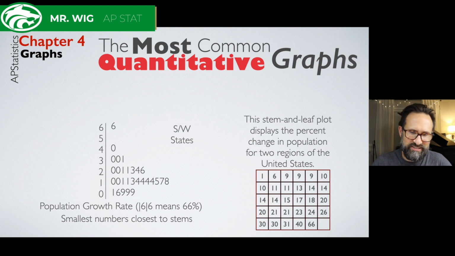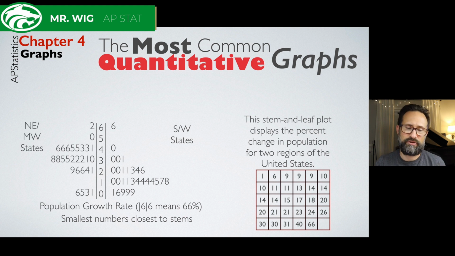Now, in this example, we're going to be comparing the southwest states to the north and eastern states. And so we're going to create another stem and leaf plot, but just on the other side. We're going to use the same stems, but we're going to mirror the leaves to the other side. Notice the smaller numbers are inside, and it counts out to the outside. In this case, this number represents 41, not 14.